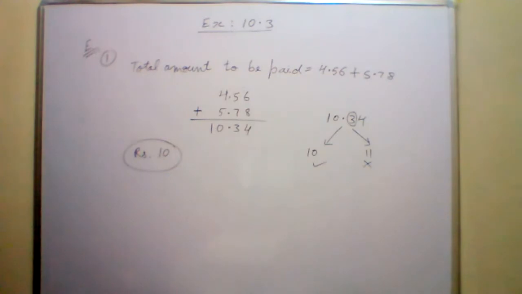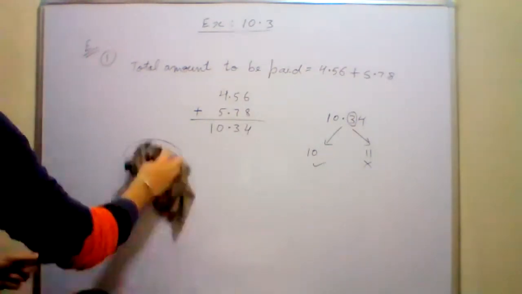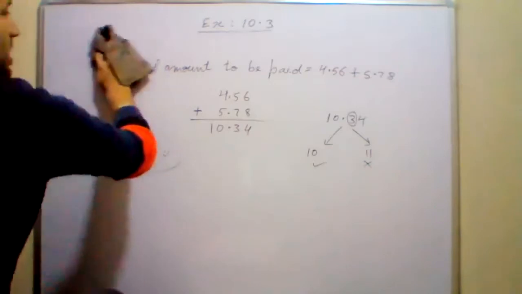Sir, I can't understand fifth one. It was like fourth one of exercise. Wait, beta. Question 4, all of you. I hope you all have done the second and third one.